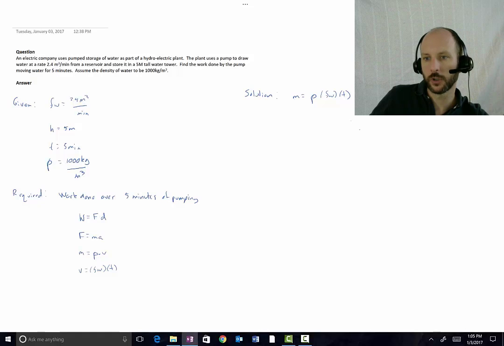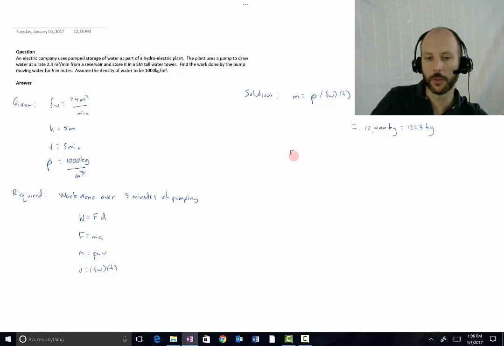So what I want you to look at is we can see that if we cancel out all the units correctly, we should get the SI units of mass there, which you should know is kilograms. And so we do all that math, we see that the meters cubed cancel out, the minutes cancel out, and we're left with 12,000 kilograms, which we can also write as 12 e to the third kilograms. So that gives us our mass.